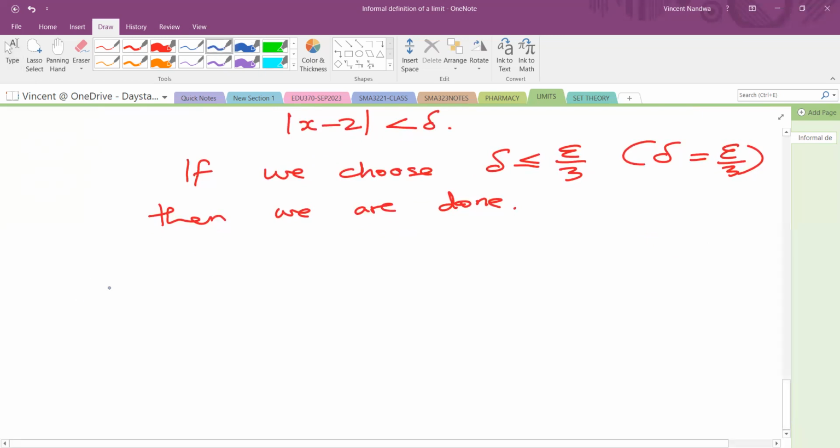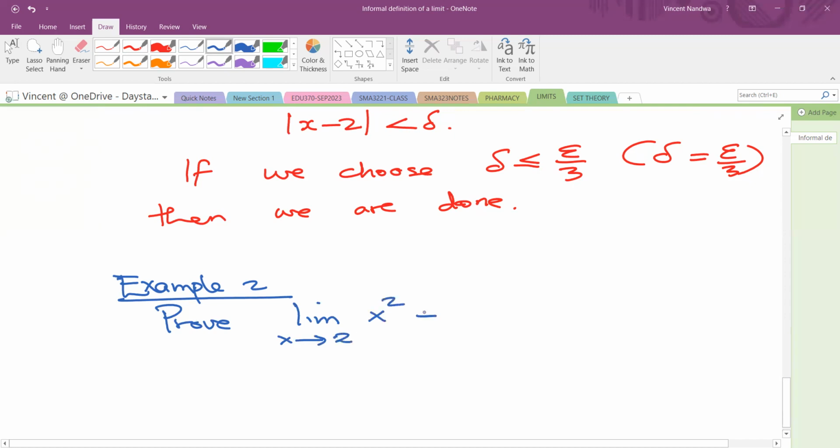So example 2. Prove that the limit as x approaches 2 of x squared is 4.